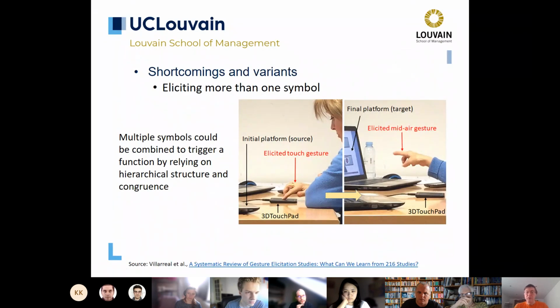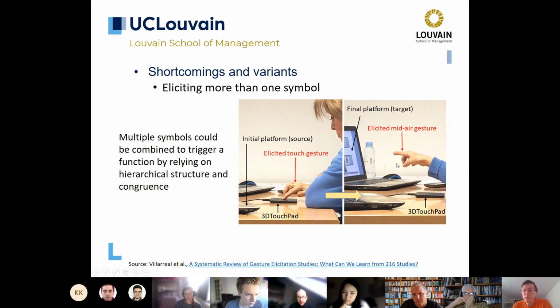In this example, we asked participants to provide a gesture with different devices, but for the same action. And sometimes those gestures are completely inconsistent. Like this person, as far as I remember, on a touchpad, she just touched the touchpad. So that was a tap gesture, so it's very simple.